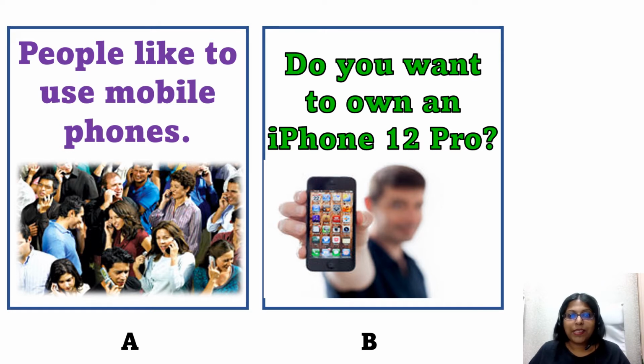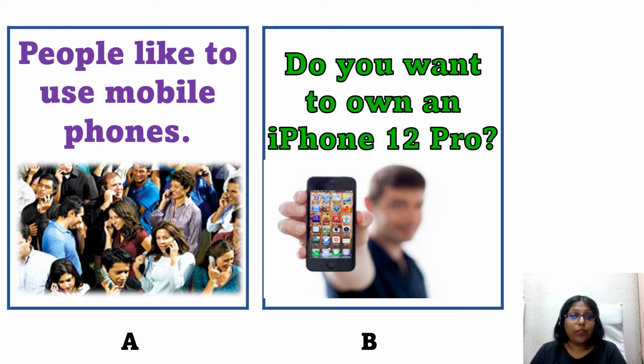Alright, let's look at these two statements here. A and B. The first one, people like to use mobile phones. And B, do you want to own an iPhone 12 Pro? So which is more personal to you? When you look at A and B, which one do you think is more personal to you?